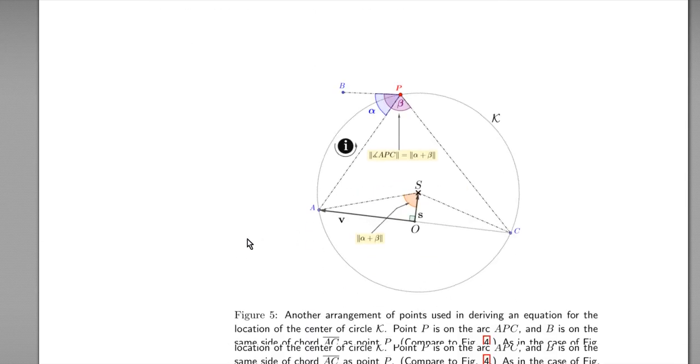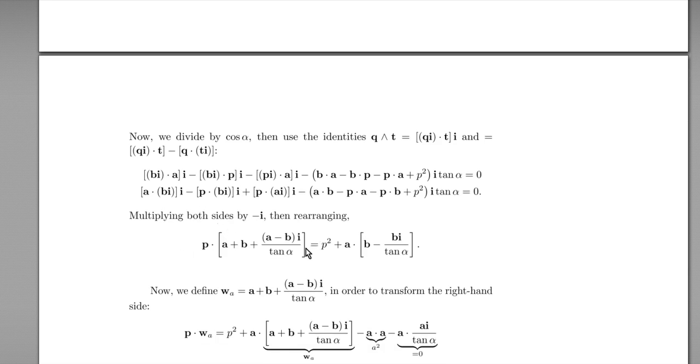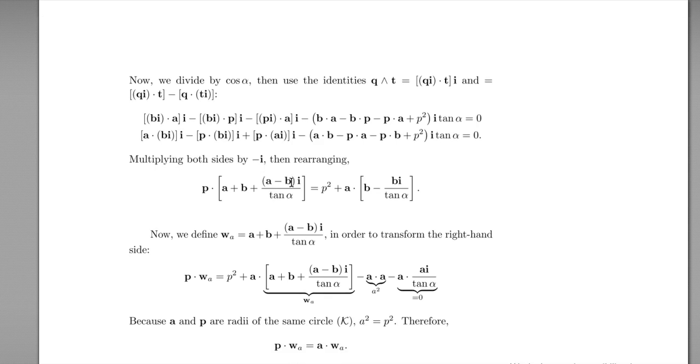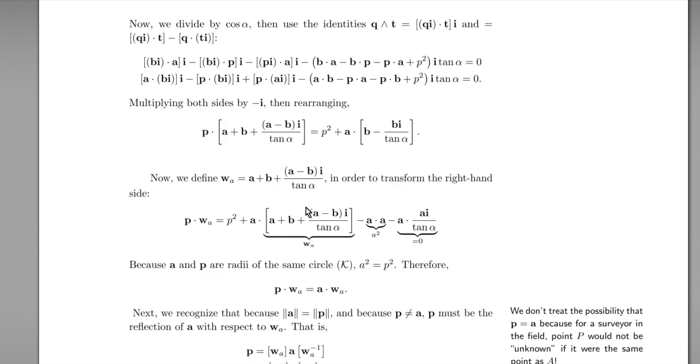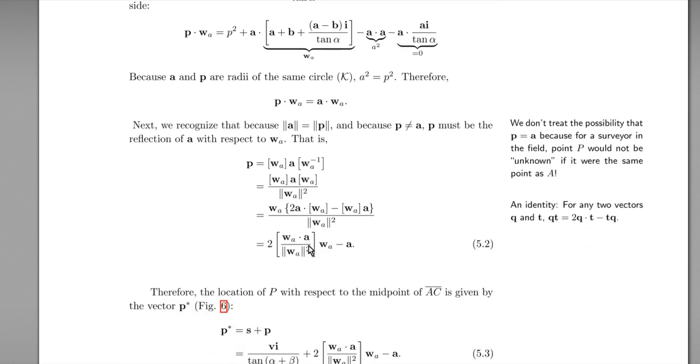And if we work through that, we come fairly quickly to this expression here, which we can transform very easily into an even simpler one. And we have identified a vector WA with respect to which P is the rotation of A. And the article goes into why this is. It's quite simple, really.